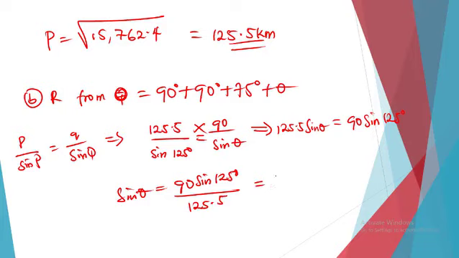Okay, and then that will give us 90 times 0.8192, that is the value of sine 125, all over 125.5.